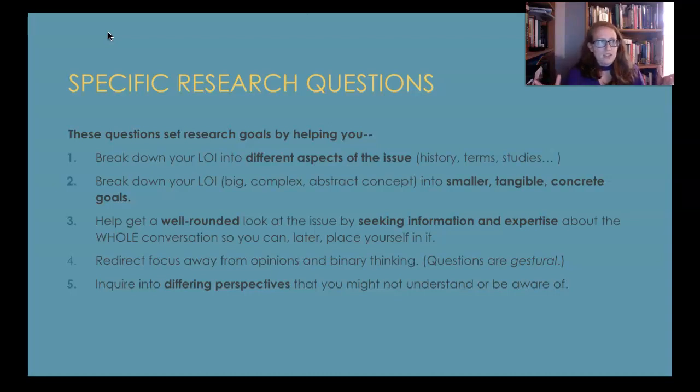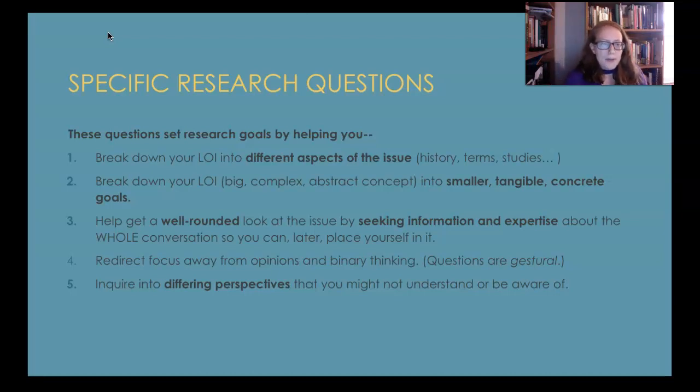You can't make connections until you have things to connect, right? So you have to have what's happening now with it, what's happened previously with it, what different groups think about it, what research shows from scholars, where there are shared concerns. There's a lot of information to know.